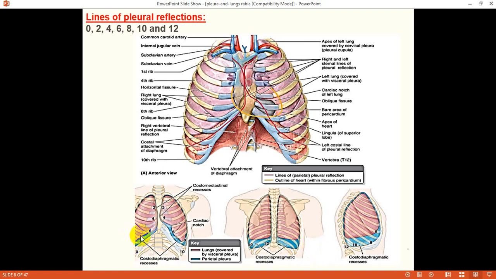In mid-clavicular line this extends from 6th to 8th rib. In the mid-axillary line the extent is from 8th to 10th rib, and posteriorly the extent is between the 10th and 12th rib. So this is between the costal line of reflection and the inferior border of lung.